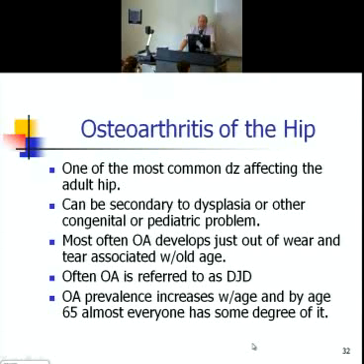Even a torn meniscus can set the stage for a patient to develop osteoarthritis in the knee 15 or 20 years down the line. If you have a meniscal repair, instead of a meniscectomy, where part of the meniscus is removed, then you may do just fine and have no problems. But the meniscus has a purpose in the joint, and when you remove a torn piece of the meniscus, you do compromise the joint to some degree.